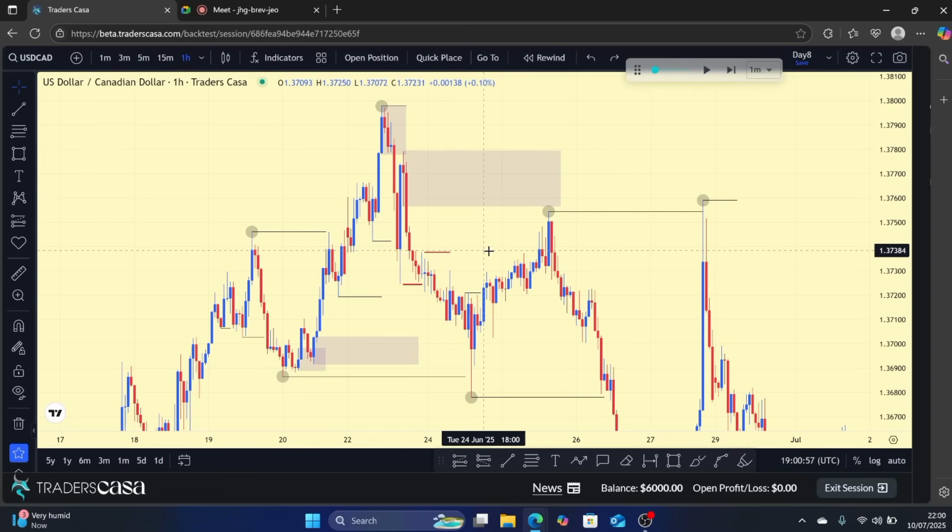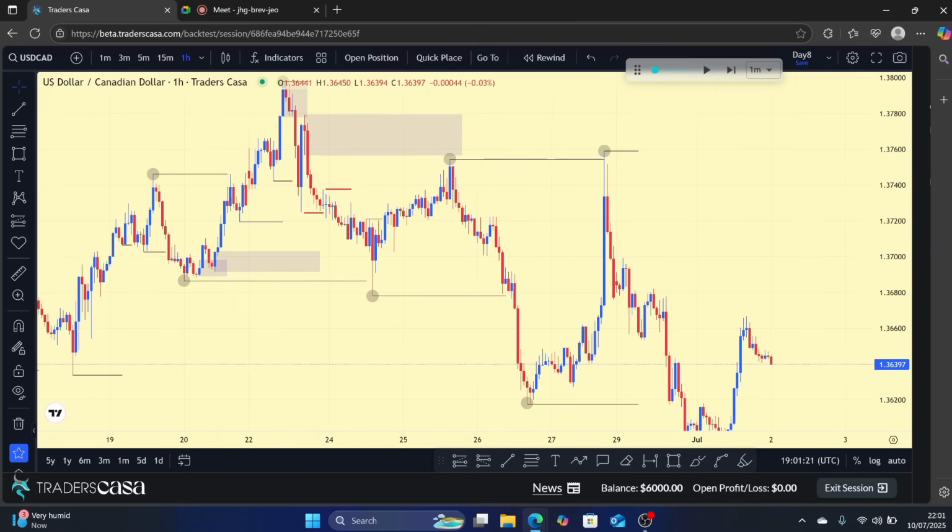So there is no complication or complexity in identifying engineering liquidity. As long as you know how to map market structure, identify valid pullbacks, and identify the correct POI in the range, then it becomes easier to identify the engineering liquidity.